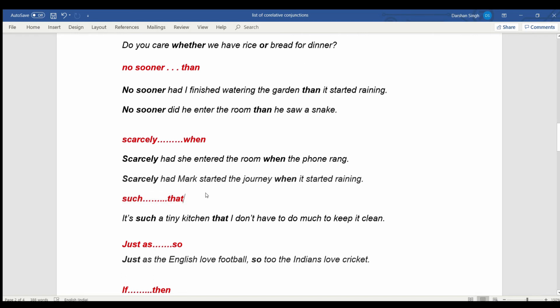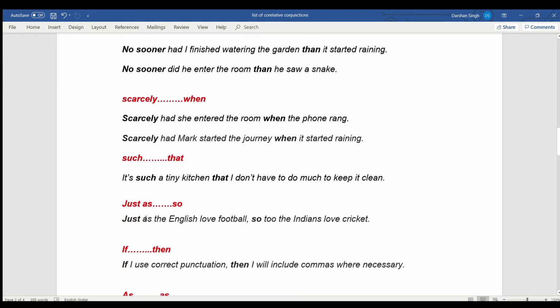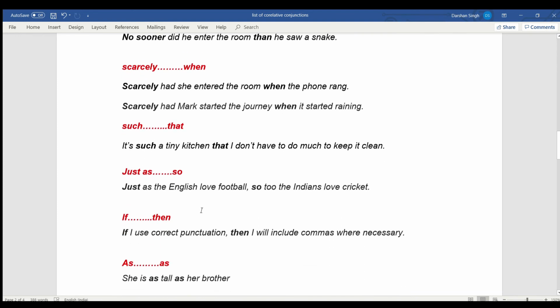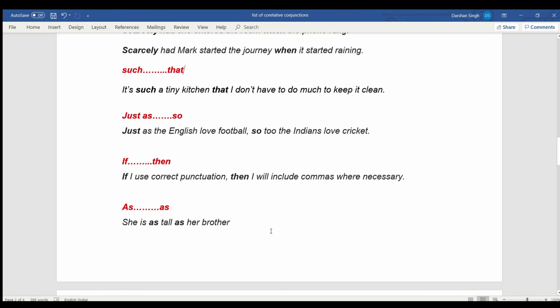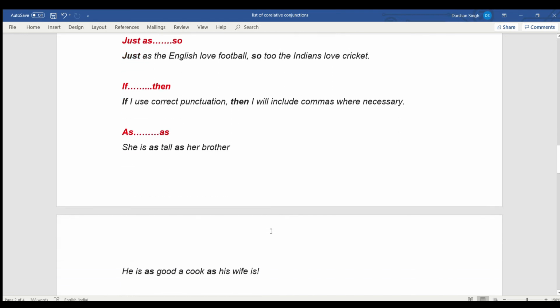It says, it's such a tiny kitchen that I don't have to do much to keep it clean. Next one is just as so. It clearly says, just as the English love football, so too the Indians love cricket. The next one, if then. It says, if I use correct punctuation, then I will include commas where necessary.